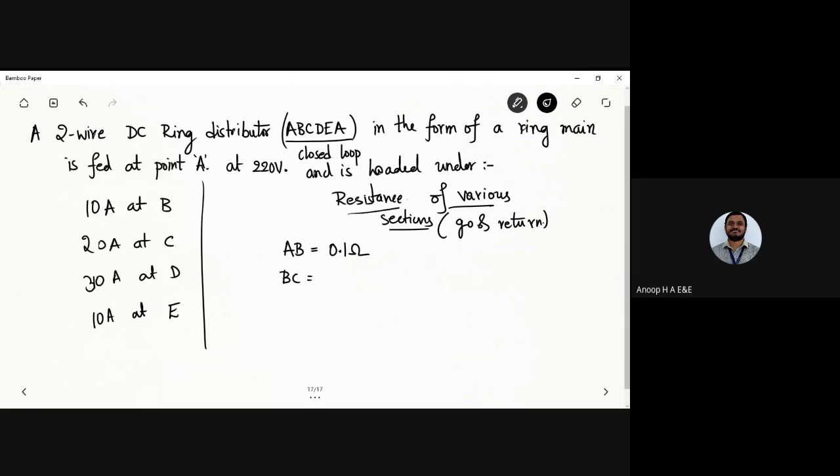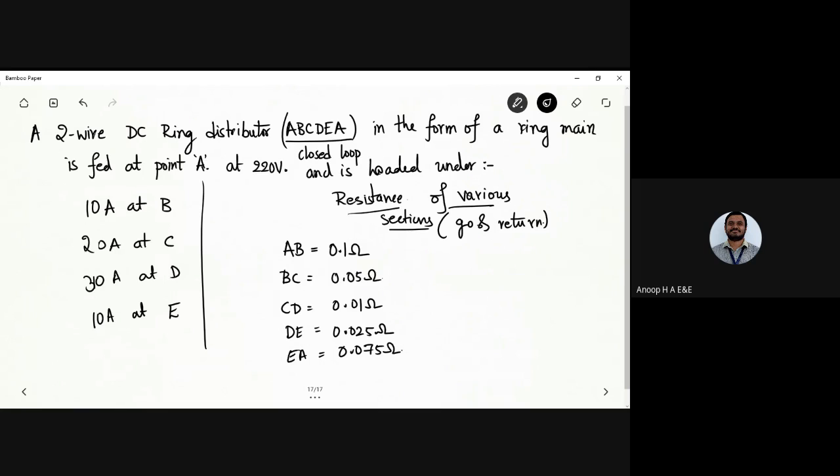BC is said to be 0.05 ohm, CD which is said to be 0.01 ohm, DE which is said to be 0.025 ohm, EA which is said to be 0.075 ohm.